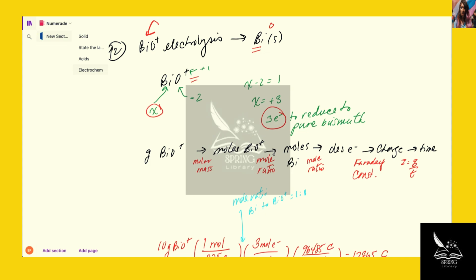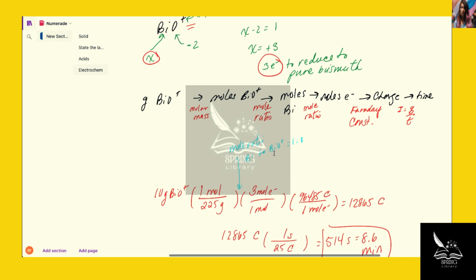We can then get into moles of electrons from the mole ratio. And then use Faraday's constant to give us the charge, and then use current equals charge over time to give us the amount of time needed to do this reduction reaction according to the mass given.